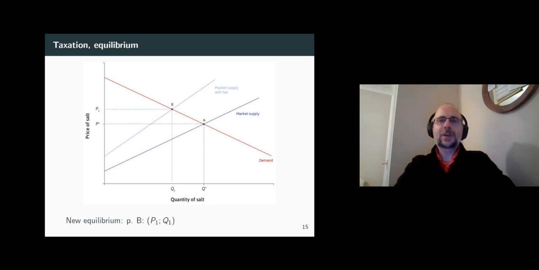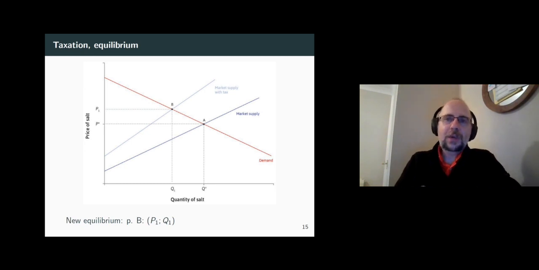As a result, taxation makes consumers pay more for the goods and services they consume. The second event happening on this market is equally important. Look at what happens with the new equilibrium quantity, Q1. The new equilibrium quantity is much lower than the original equilibrium quantity, which was Q star.